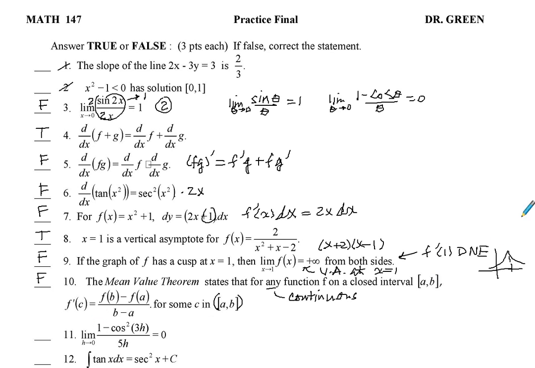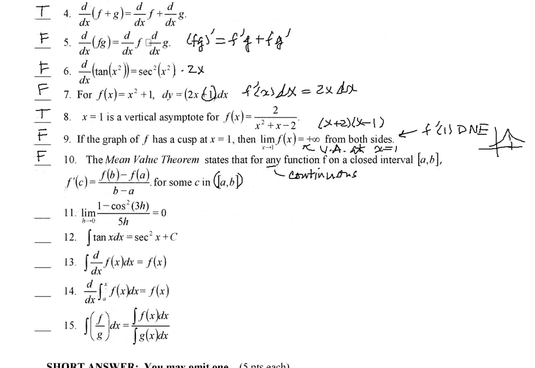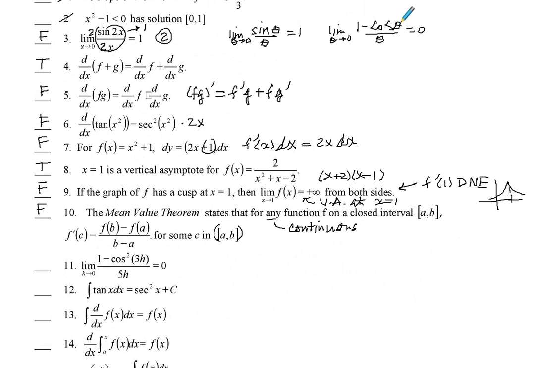Okay, down here we've got this other trig limit. And remember, 1 minus cosine theta over theta goes to 0. So here we've got 1 minus cosine squared 3 theta. Well, remember, 1 minus cosine squared is sine squared. So this is actually the limit as h goes to 0 of sine squared of 3h over 5h.